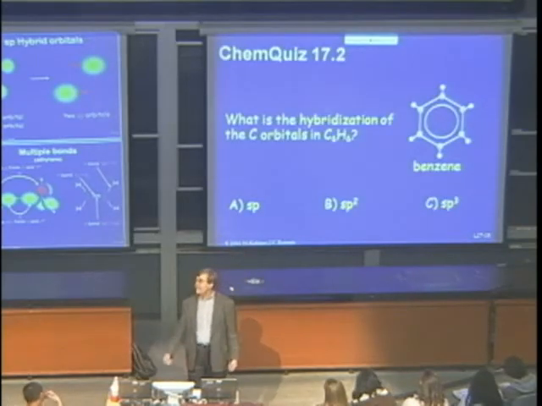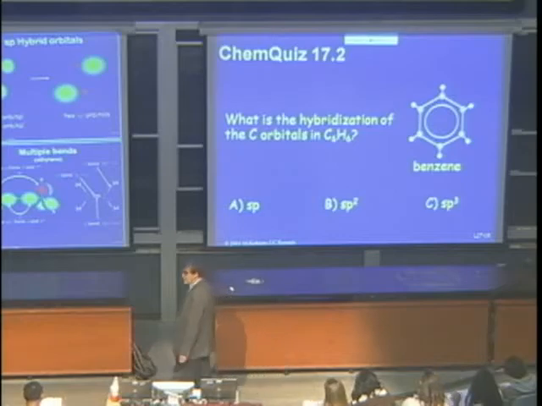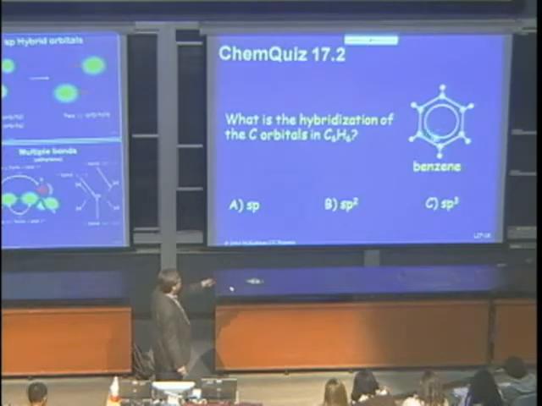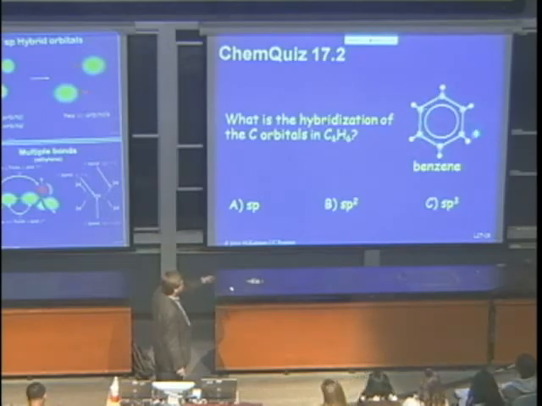So you all have heard of benzene. This is C6H6. And the carbons are bound to each other. You see that? The carbons are bound to each other. There's 1, 2, 3 partners, 3 bonds here. And this forms a hexagon, all right?